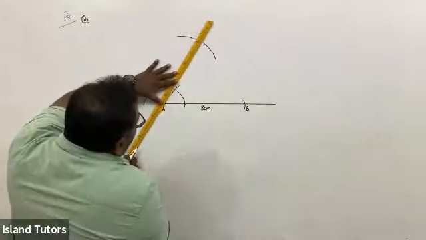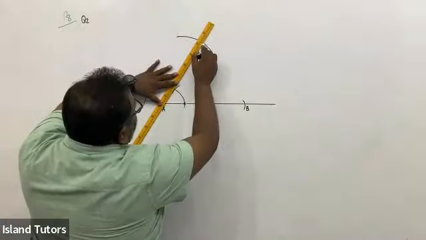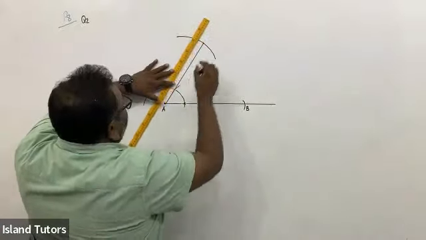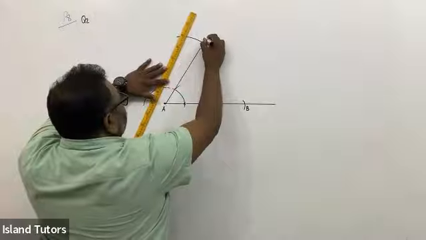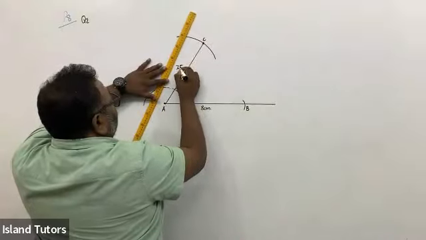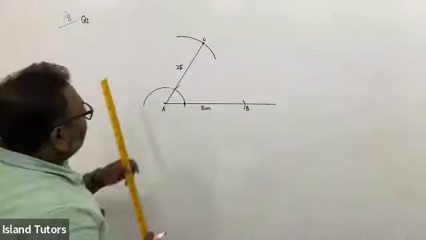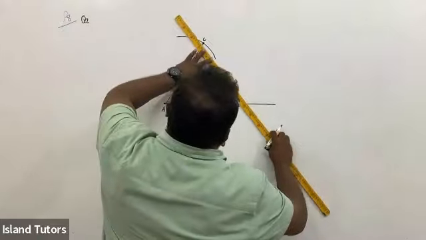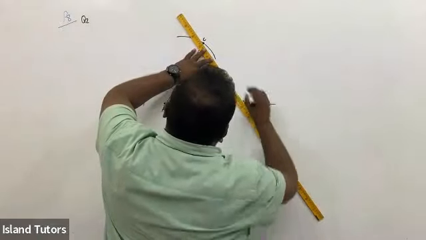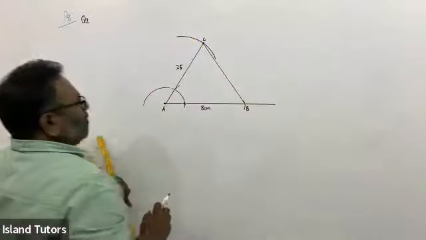And take your ruler through this intersection and A, where it touches this distance is C, and this is going to be 7.5 centimeters. Understood? Right? And then connect your BC and you have your triangle.